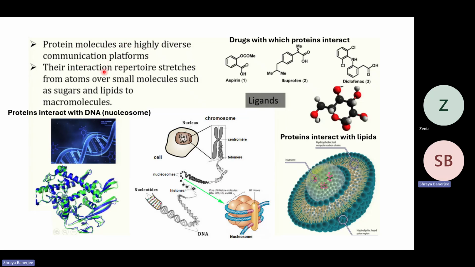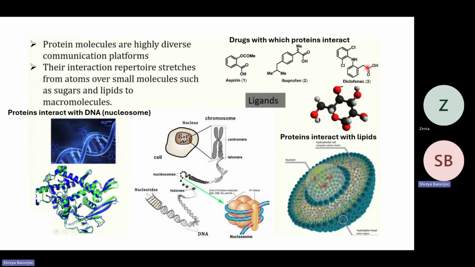It is the interaction of protein molecules with other molecules like small ligands or sugars or lipids that results in various functions in the body. Proteins can also interact with DNA, which basically forms the nucleosome, where there is a DNA strand wrapping around proteins which are known as histone proteins.